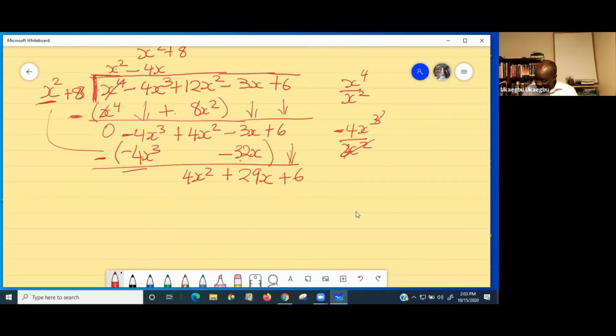So you will use this to divide. You are going to have 4x squared over x squared, so you are left with 4. So you write plus 4. Then you use 4 to multiply out. 4 times x squared is going to give you 4x squared.